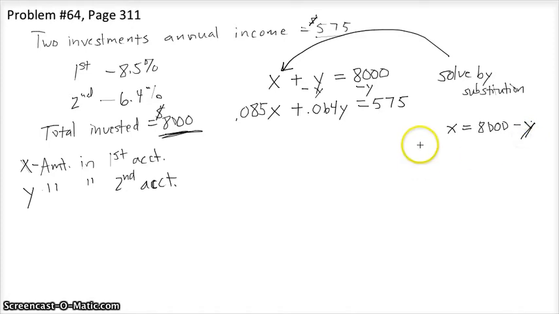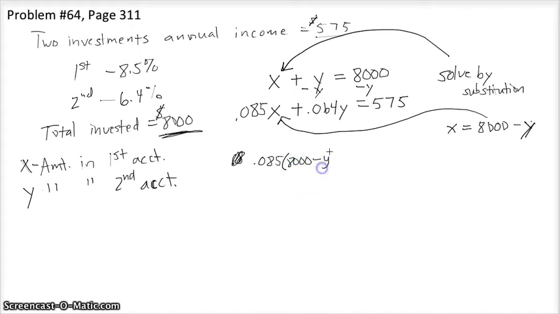I'm going to take this expression and plug it in for x here. So I get 0.085 times 8,000 minus y plus 0.064y equals 575.